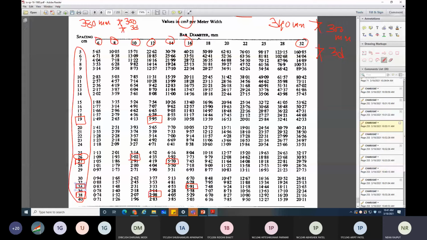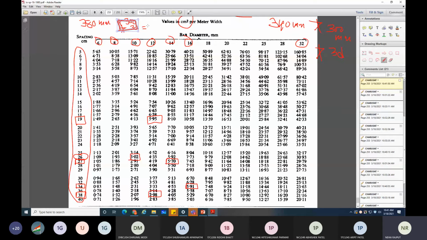Now your 3D, this should not be more than 300 mm at least, and should be less than your 3D, right? So here at least the distance you are going to provide is not more than 300.